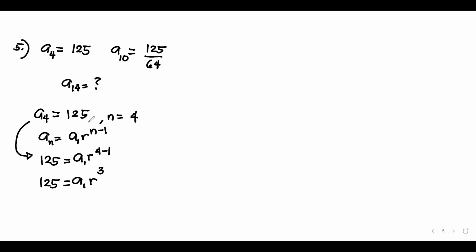For the 10th term, using the general rule again for geometric sequences, a sub n equals a sub 1 multiplied by r to the n minus 1. Our n there, for a sub 10, is 10.